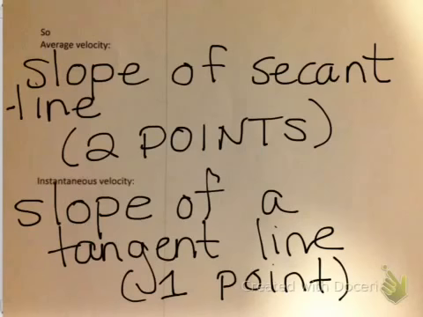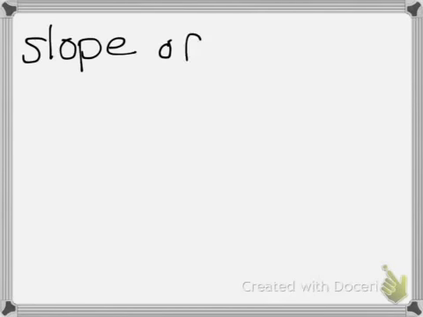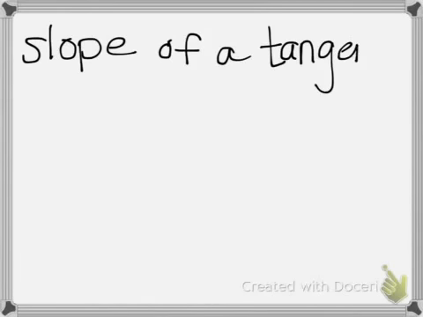Okay. And the big idea here is to find the slope of a tangent line. Okay, to find the slope of a tangent line, what are you going to do?